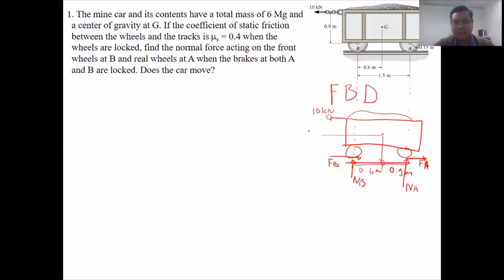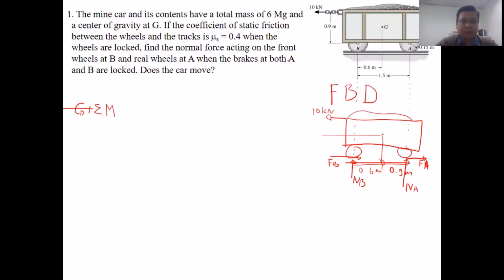After that we can finish by approaching with moments. As we know, moment in the counterclockwise direction is considered positive. Then we try to sum.